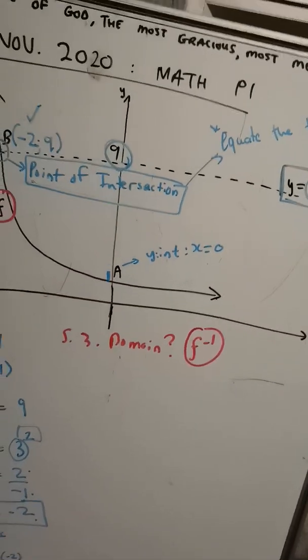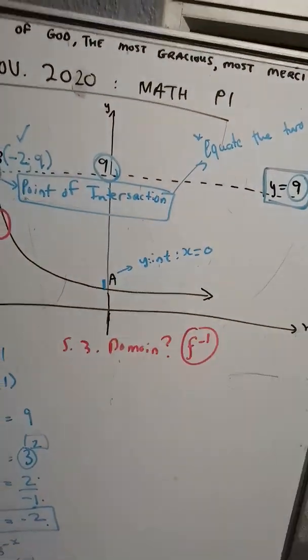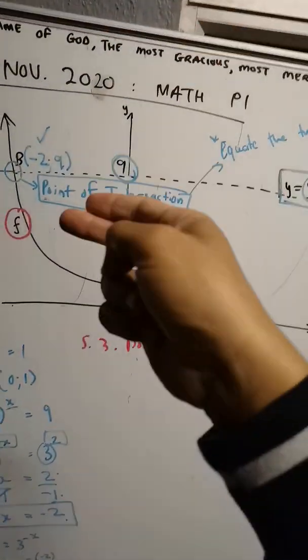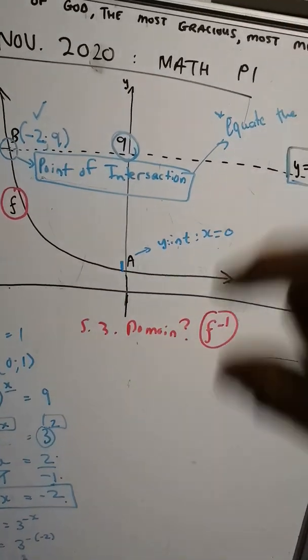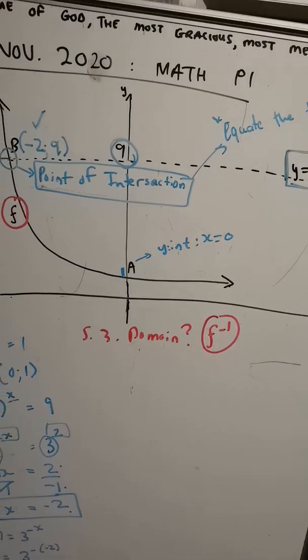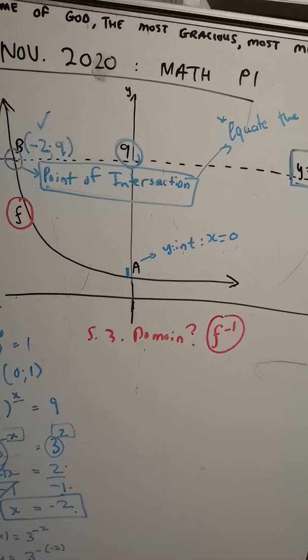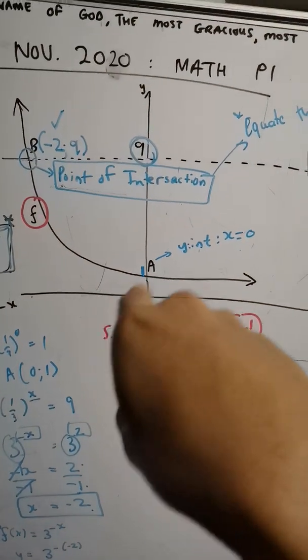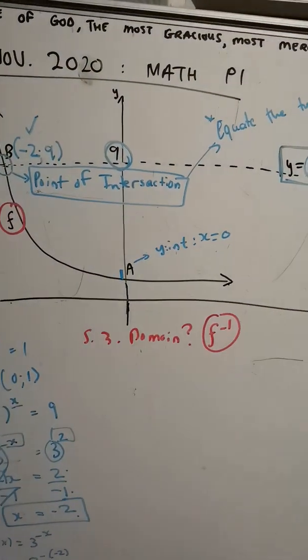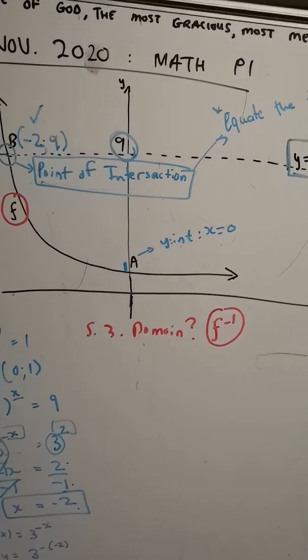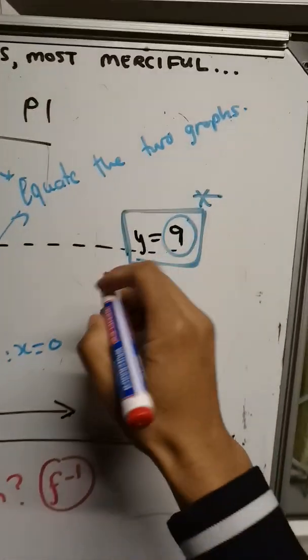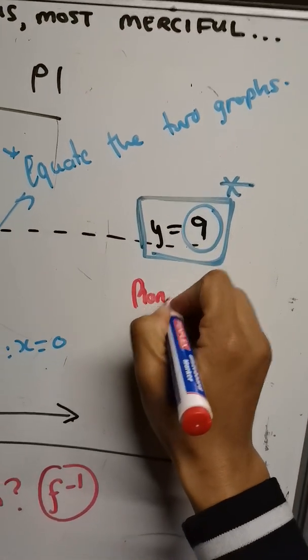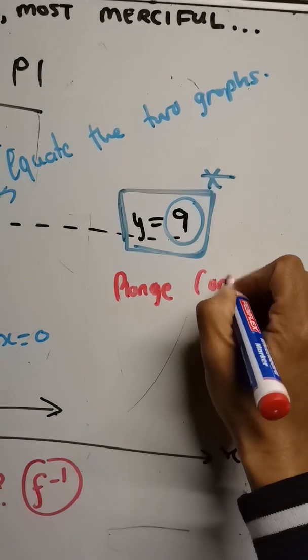Remember, our general principle is that the range of the original graph becomes the domain of the inverse. So if we can find the range of the original graph, we can get the domain of the inverse. You understand?